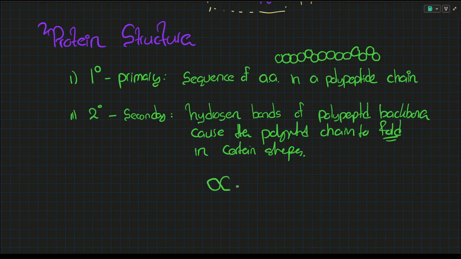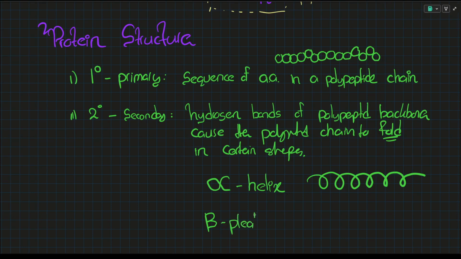The first one is referred to as an alpha helix, and this is similar to amylose. That is what you call an alpha helix. Then you can have something known as a beta pleated sheet. That looks something like this.